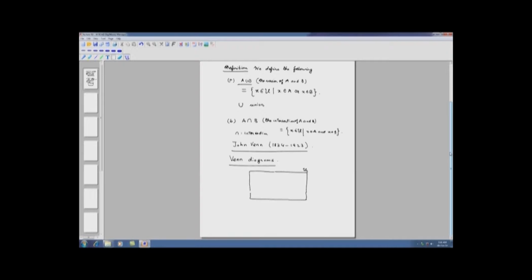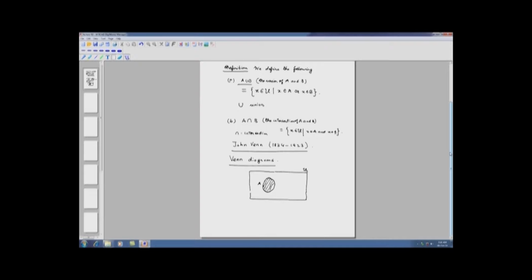So, these sets, that is A, B, C and all the others, will be drawn as circles inside U, where the interior of the circles may be shaded. When I write this, this means that A consists of the elements that are within this circle.